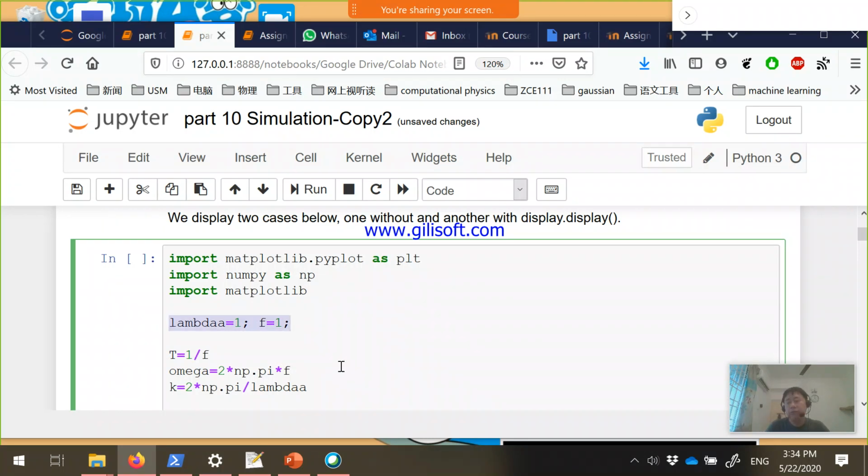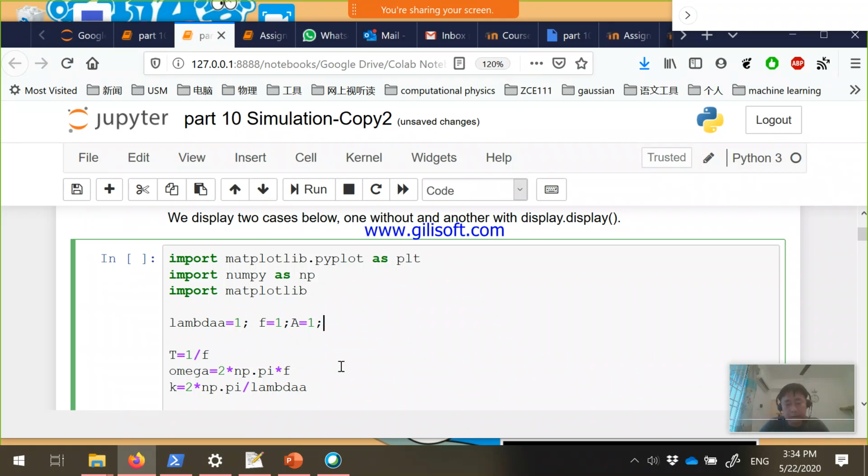If you want to change the frequency or the wavelength of the wave, you just change f and lambda. You don't need to change omega or k, because they are tied to frequency and lambda.